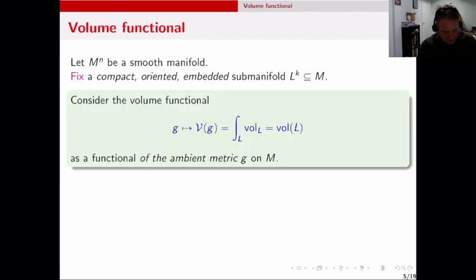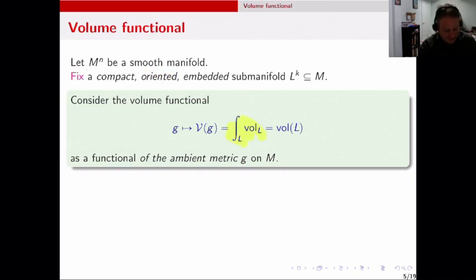We're going to consider a functional where the input is a metric upstairs on M, and we're going to output the volume of this submanifold with respect to the induced metric. Remember, we said L is oriented, and if I put a metric on M, by restriction that induces a metric on L, and therefore with the orientation I get a volume form.